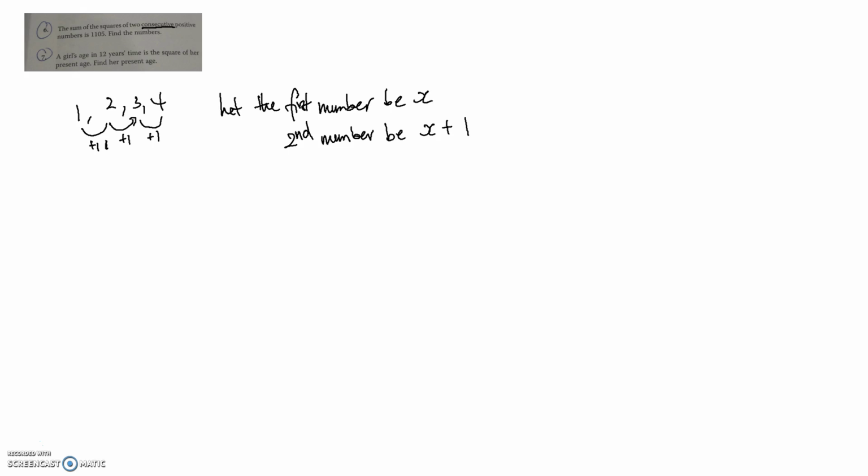Looking at the question, the sum of squares of two consecutive numbers is 1105. We need to form an expression for this relationship. If the first number is x, we have x squared, and the sum of the squares of both numbers is 1105.